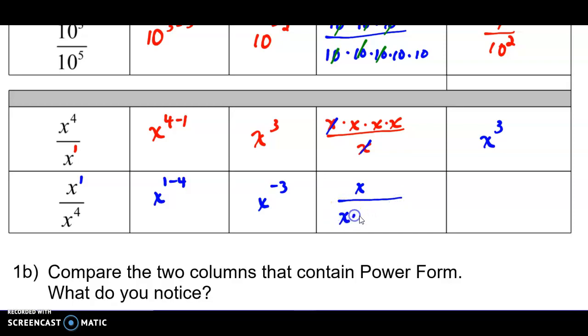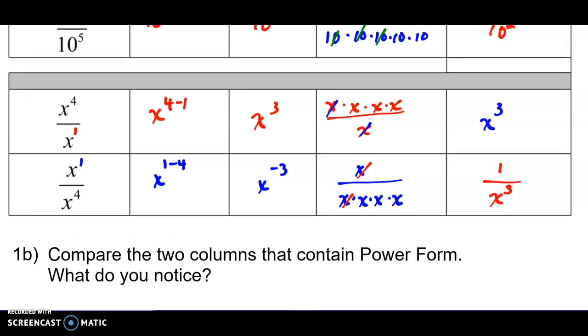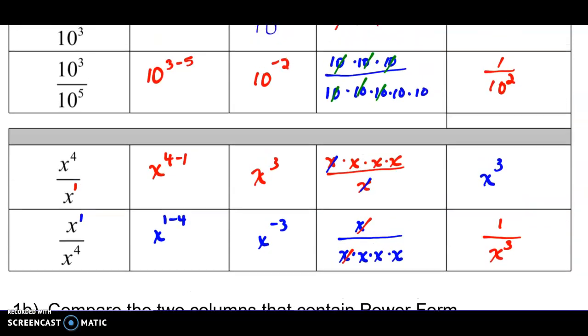I have x used as a factor 4 times in the denominator. A number divided by itself is 1. That leaves me with 1 over 1, 2, 3 factors of x, so x to the power of 3 in the denominator.